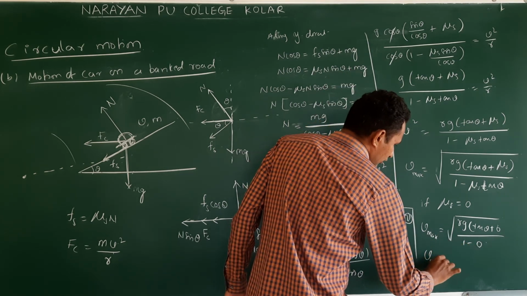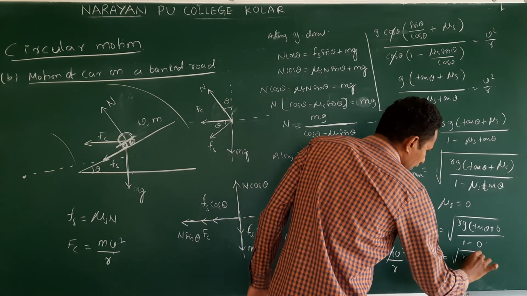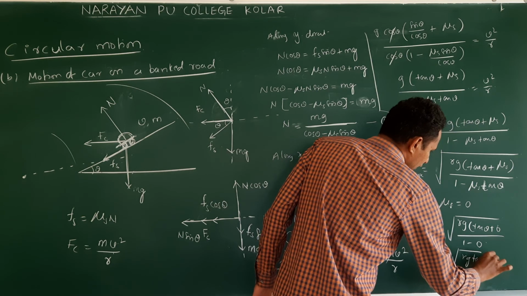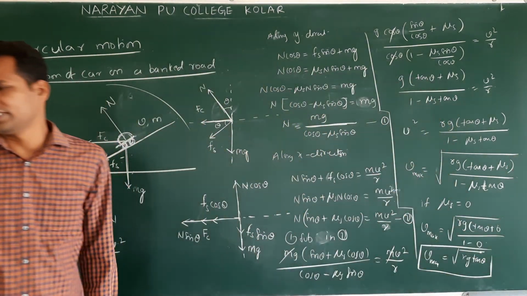So V max is equal to root of R g tan theta. Okay, this is a special formula.